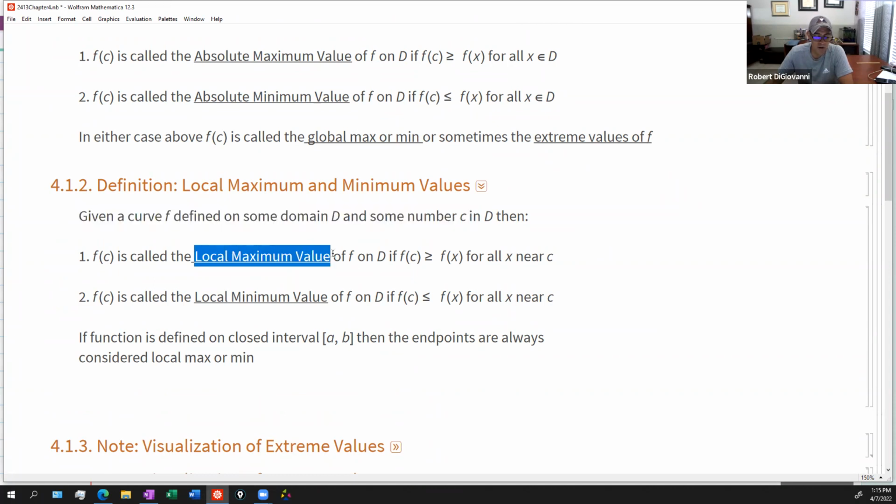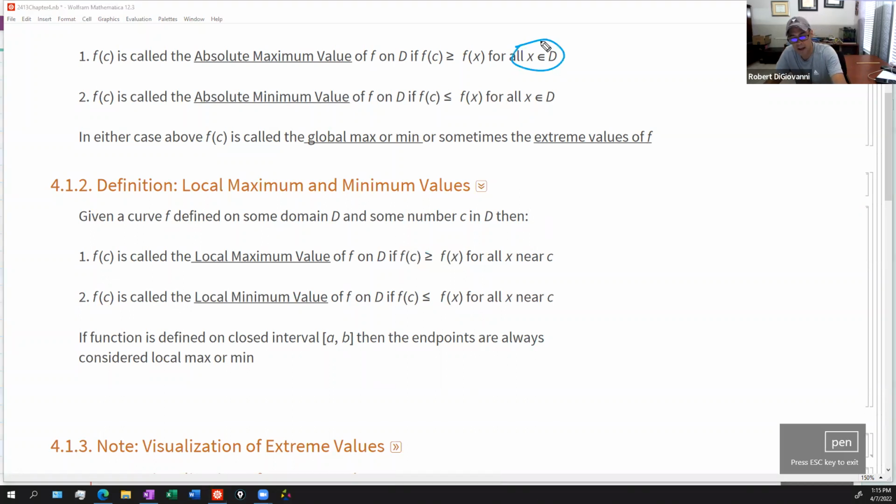We will call it a local maximum if that point is bigger than or equal to all other points, and this is the key, this is what makes it different from the previous definition. Up here, it said for all x in D, meaning your point was bigger than all the other points in the function. Here, it says near c, which means you don't necessarily have to be the highest point on the entire graph. You just have to be the highest point in that little neighborhood.